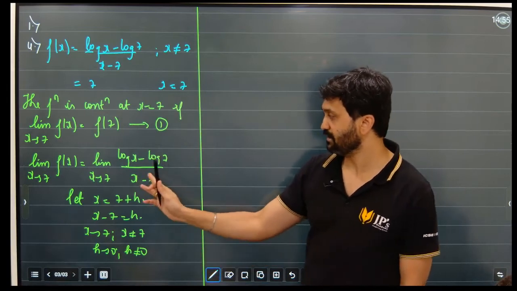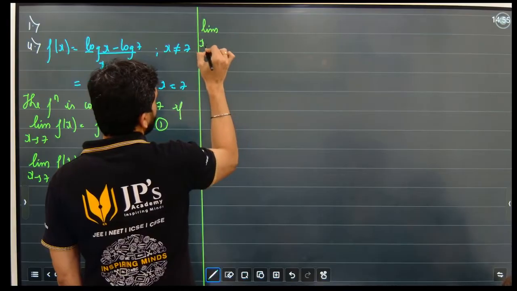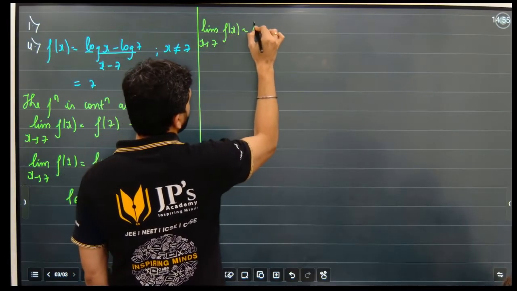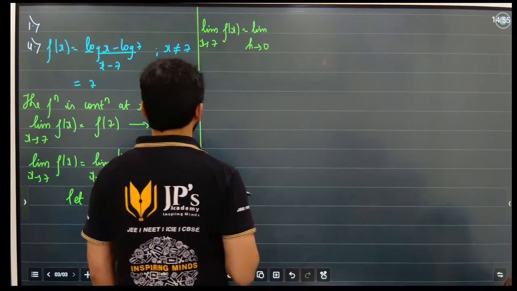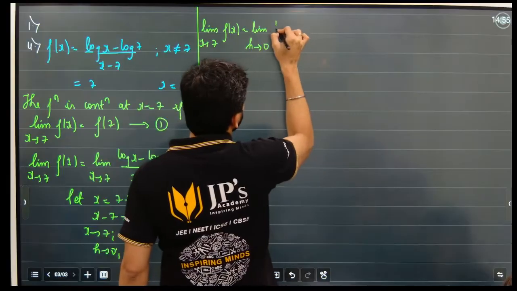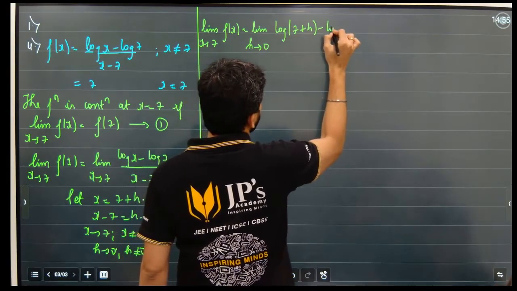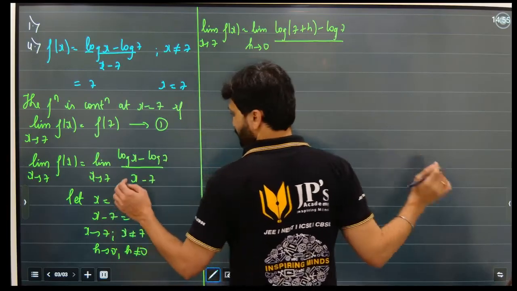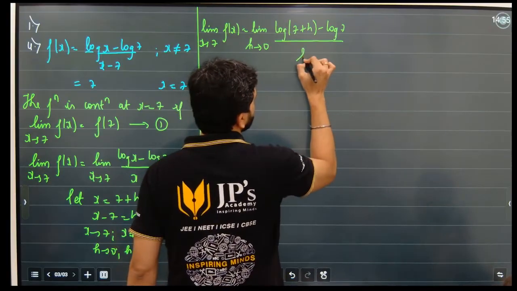Now, if you pay attention, my question has now become limit x tends to 7 f of x is equal to limit h tends to 0 log 7 plus h minus log 7, and guys, x minus 7 is nothing but h.